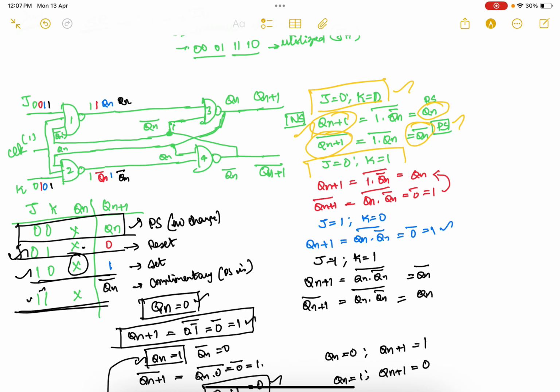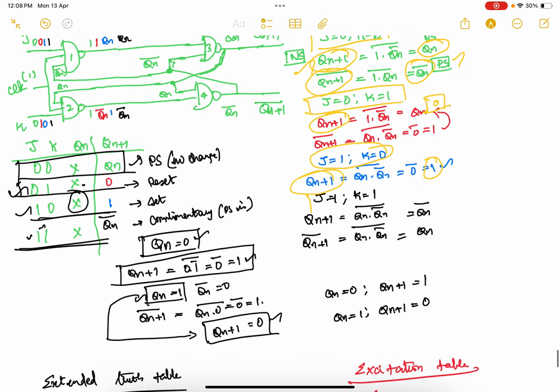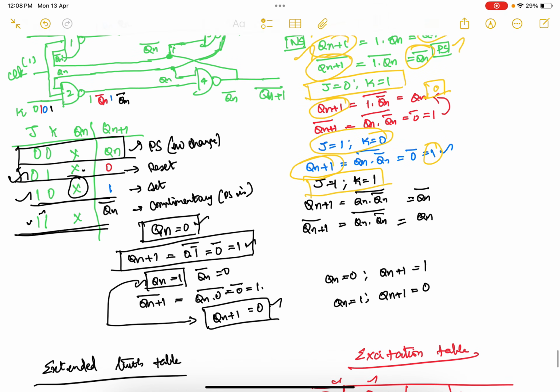Similarly, when j equal to 0 and k equal to 1, your next state is going to become 0, and similarly for 1 and 0 your next state is going to become 1, and for j equal to 1 and k equal to 1, the next state is becoming the complement of the present state.